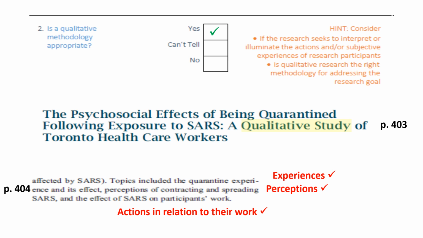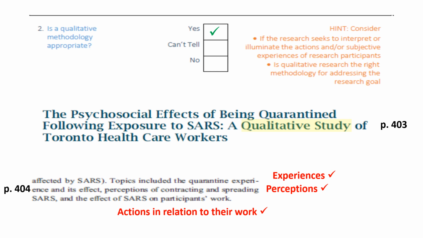actions, and when we look in the description of the topics covered by the interviews, we can see that they included the quarantine experience, so it ticks the experiences box, if you like. Perceptions of contracting and spreading SARS, so again it's about perceptions, and it's examining the effect of SARS on participants' work.